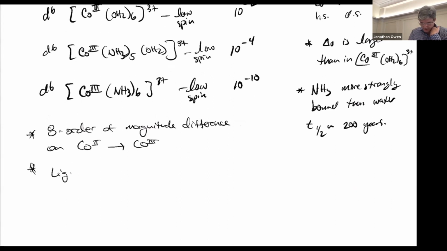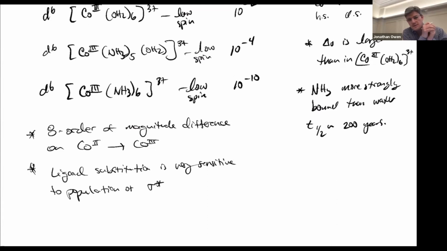So the rate of ligand substitution is really sensitive to the population of that sigma star antibonding level.